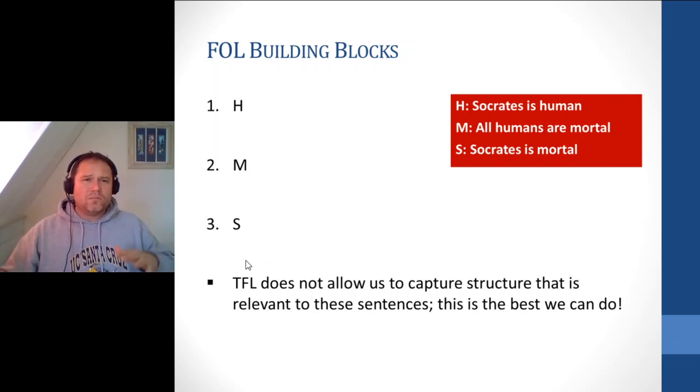What's important here is that TFL, which is an amazing instrument, simply doesn't allow us to capture the structure that's relevant to these sentences. This is the best we can do. So TFL doesn't let us capture all the valid arguments. But of course, if we had more tools, we could do it.